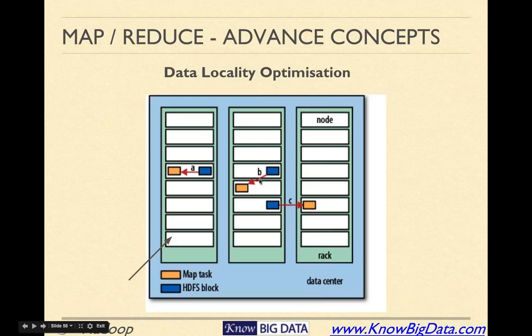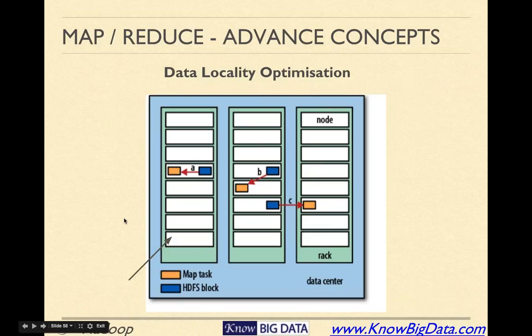Here, the data is going to get transferred to the node containing the logic on the same rack but a different computer. But the worst case scenario is when the data is on one rack and the logic is on another. Data is on one rack and the map task is on another. The HDFS block is going to be transferred to the map task and it's going to take time. So the best case scenario is the first one.